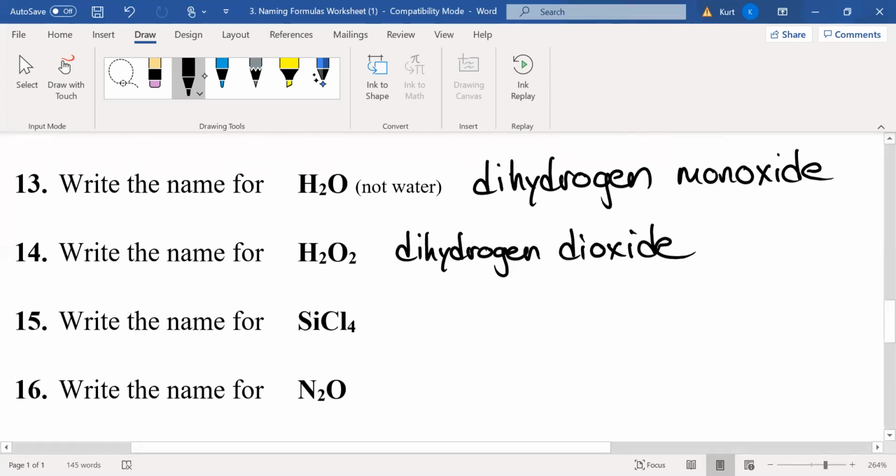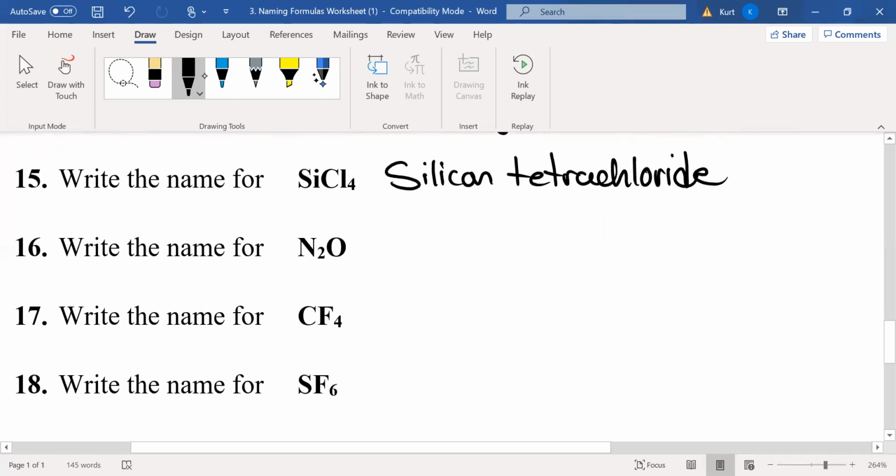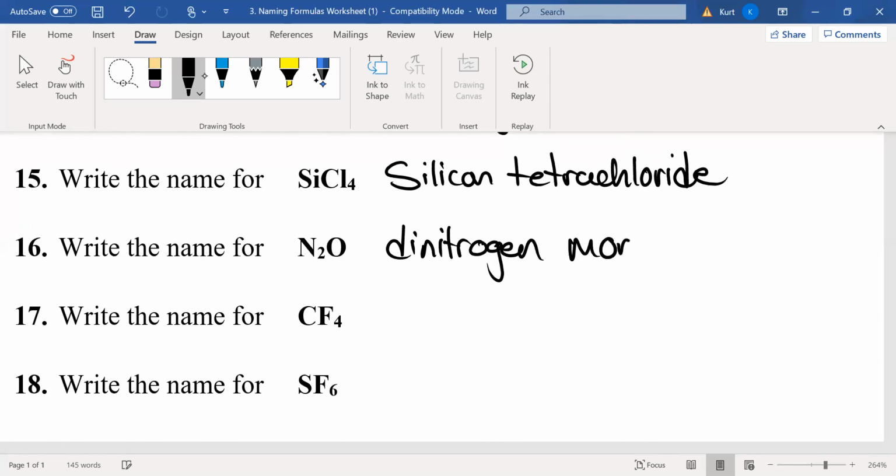How about SiCl4? Tim, not here. Nicole? Okay, 5 more. Kevin, N2O. Dinitrogen monoxide. Okay, number 17. Adam, not here. Carson Dye, CF4.